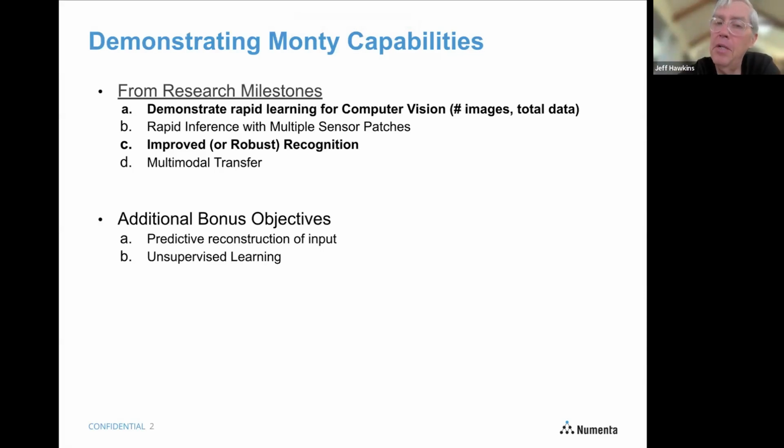That's a losing game initially. We don't want to go there. We really want to say, hey, it has some unique capabilities. We're starting to show how they work. It's almost like illustrating and teaching people how Monty and the brain actually do these things, which is more important than saying, oh, we're better at this benchmark than these people are.